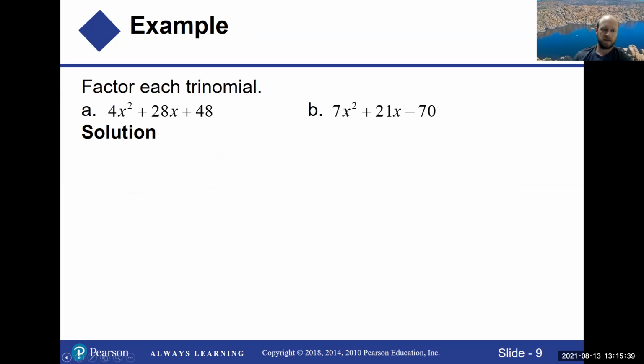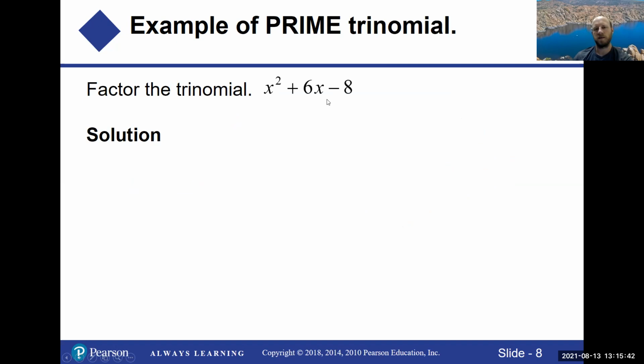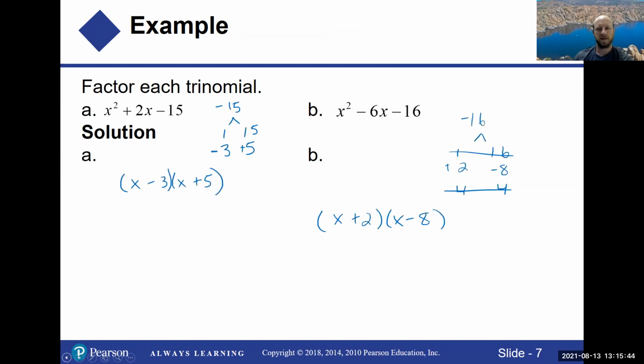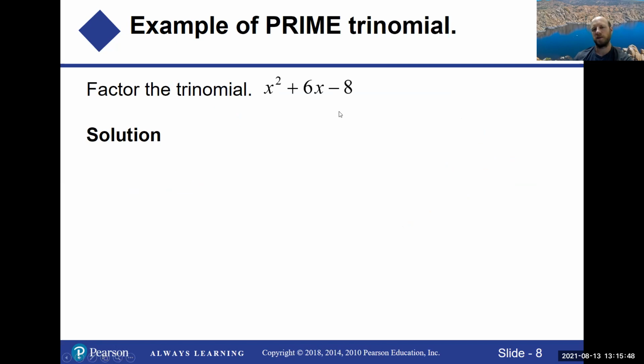All right, what about the next one? Factor this trinomial, okay? The only difference here is actually, oh, I thought it was the same. Never mind, I changed a couple different things. But if this one is x squared plus 6x minus 8, I need factors of -8 whose sum is +6.